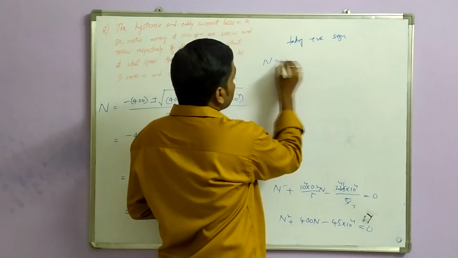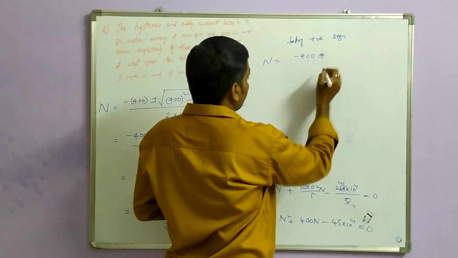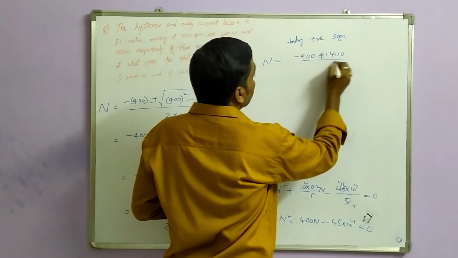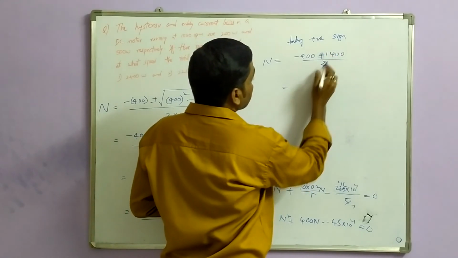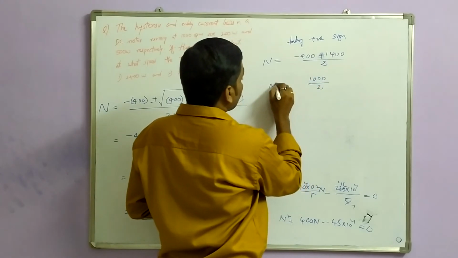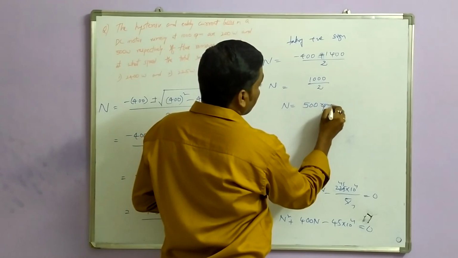Now n is equal to minus 400 plus 1400 divided by 2. It is nothing but 1000 by 2, which is equal to 500 RPM.